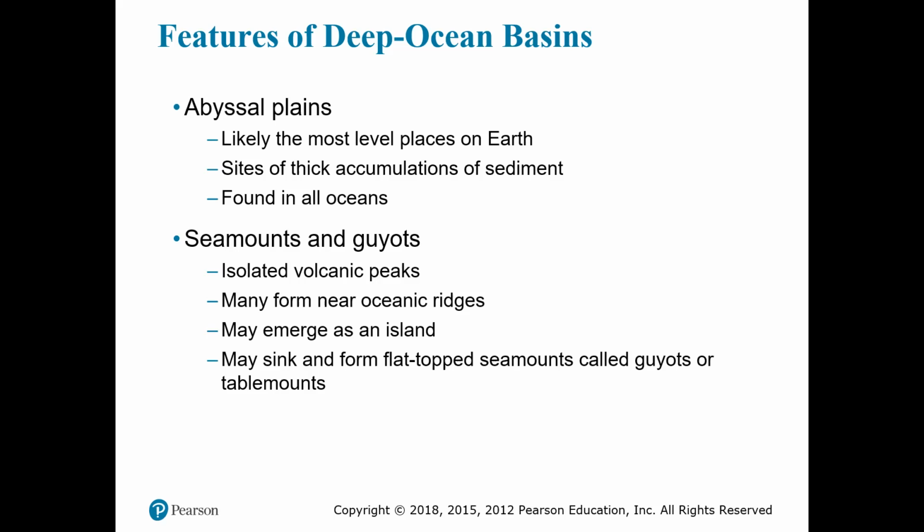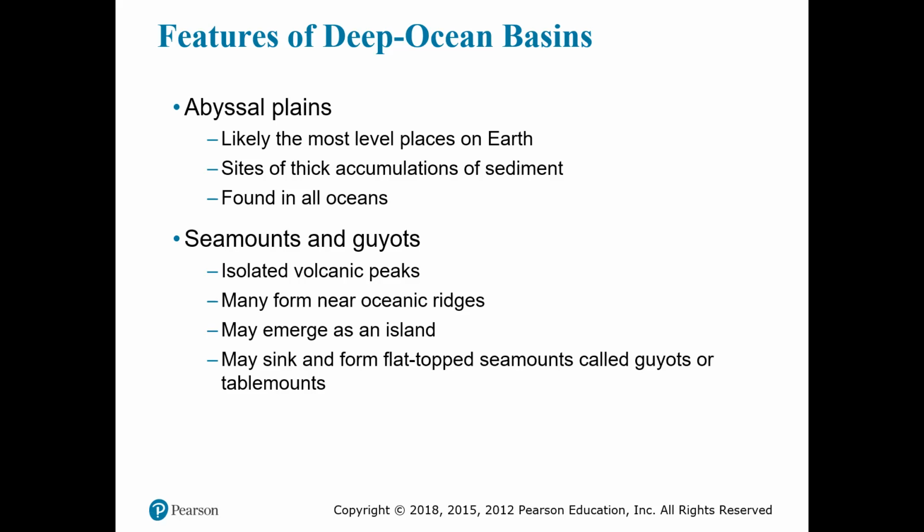We can have sediments from land that are transported out to the sea by wind or ocean currents, or even those turbidity currents coming off of the continental shelf. We can have mineral matter that has precipitated out of the seawater and dropped to the ocean floor. And we can have the shells and skeletons of microscopic marine organisms. And we'll talk about those 3 types of sediment a little bit later on.